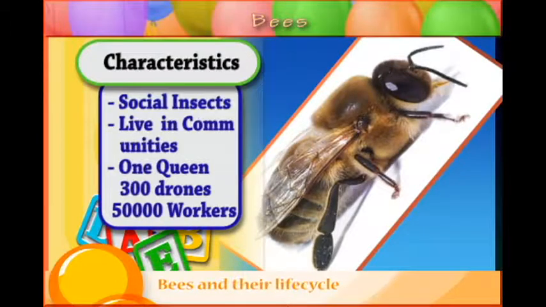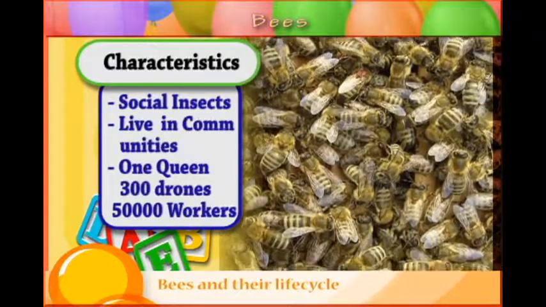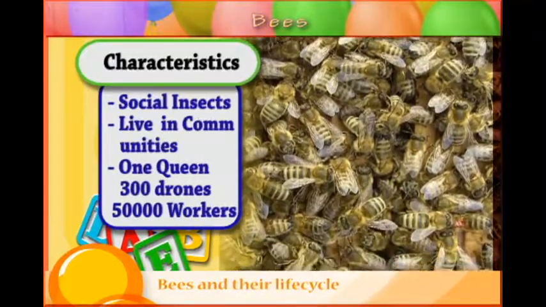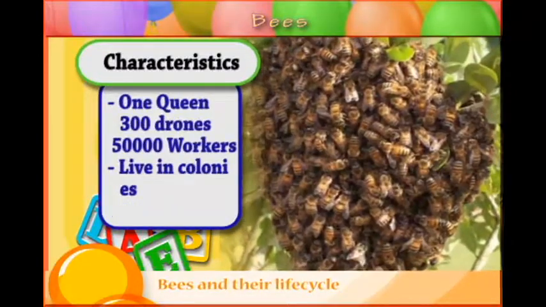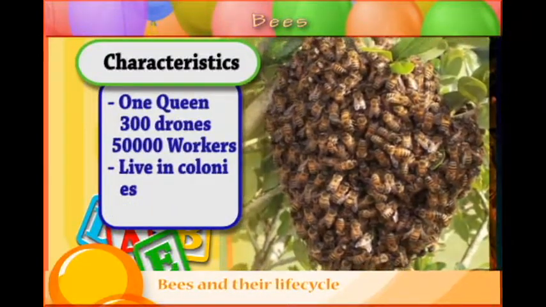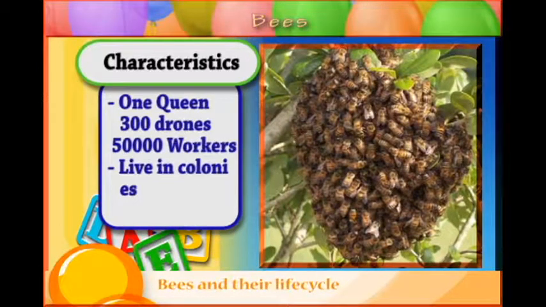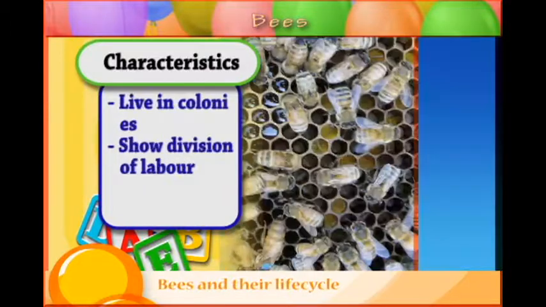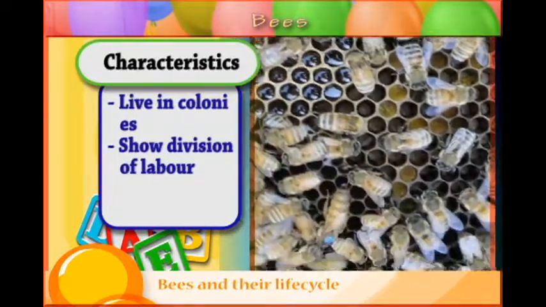We may have 50,000 to 80,000 workers living in the beehive. They live in a colony where there are very many of them, having different specializations and different activities. Now, this is how the labor is distributed.